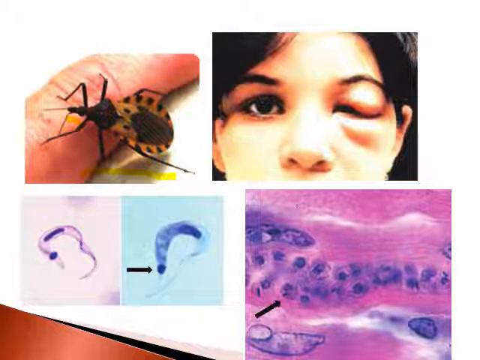Here is the characteristic early infection sign, which is Romana's sign. Romana's sign is palpebral swelling and swelling of the cheek.